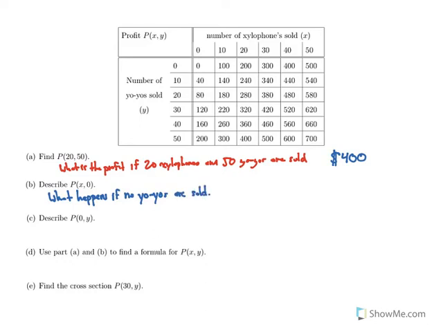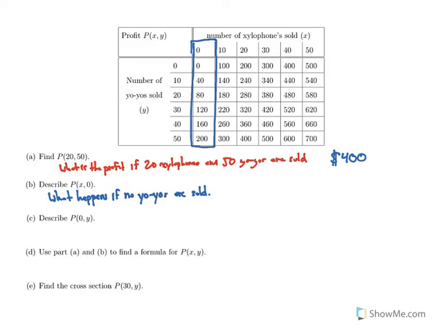So we can think about these functions as businesses. A function of one variable is a business that sells one kind of item. It's a very simple business. Now, this is a more complex one, but we can think about it if, what if it were just a business that just sold xylophones and didn't sell yo-yos at all? So if this were the case, then what we're looking at is just this column.